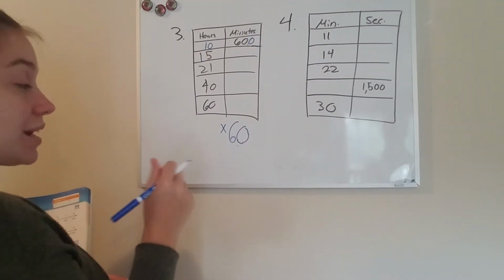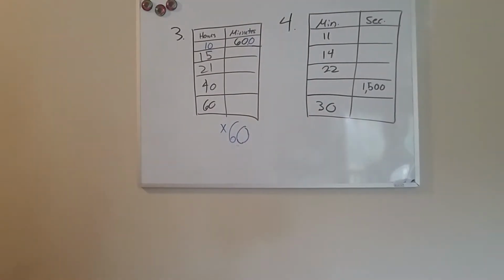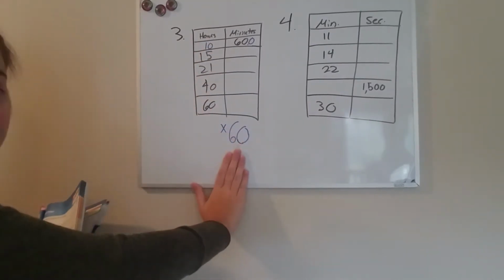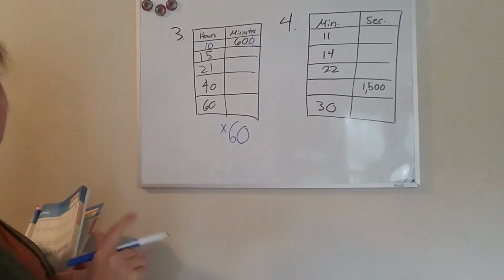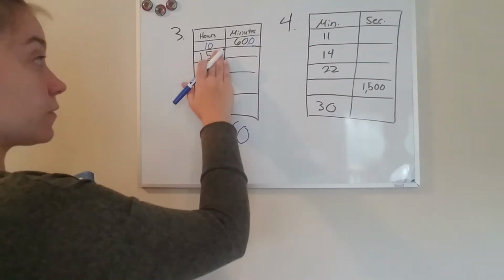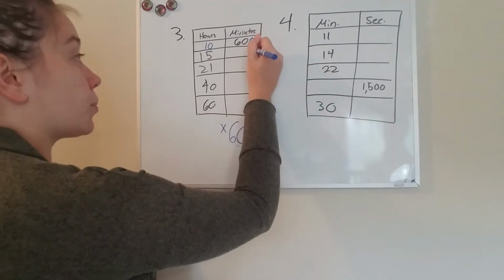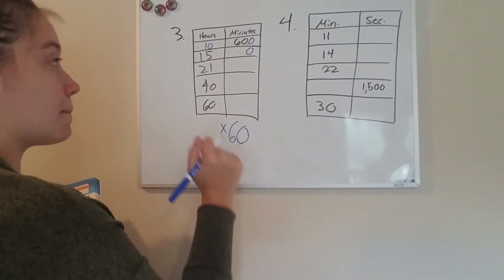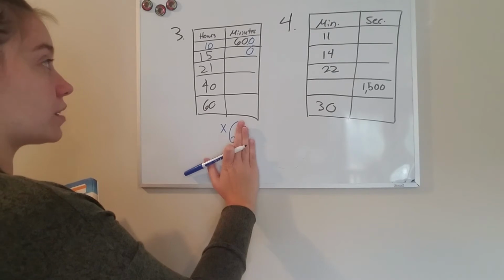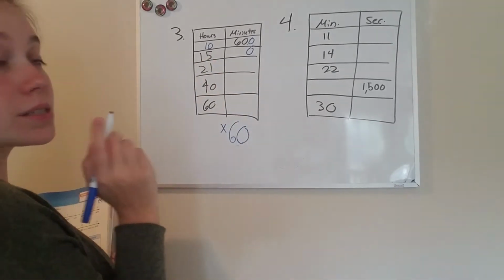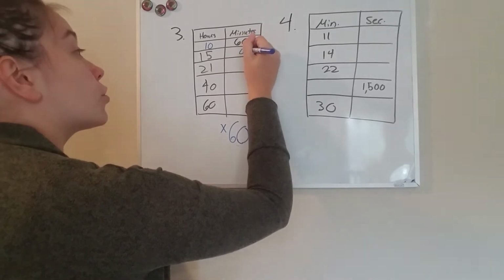Okay, so now what we're going to do is take these numbers, times them by 60 to find how many minutes. So what's 15 times 60? So again, we know we're going to put a 0, so let's just do that. So we've already taken care of this 0. Now what's 6 times 5? 6 times 5 is 30.